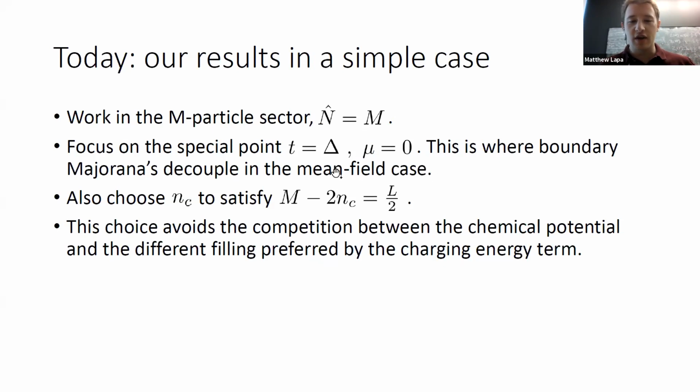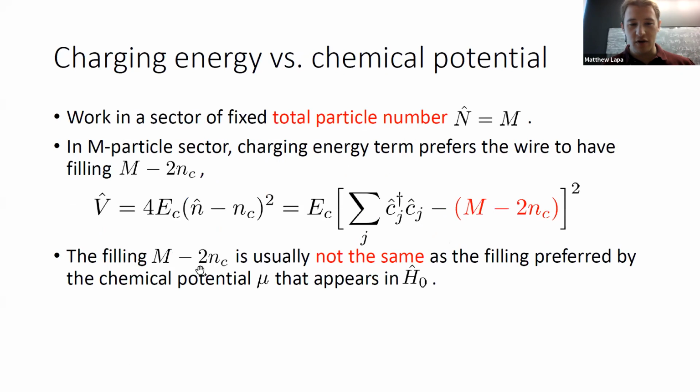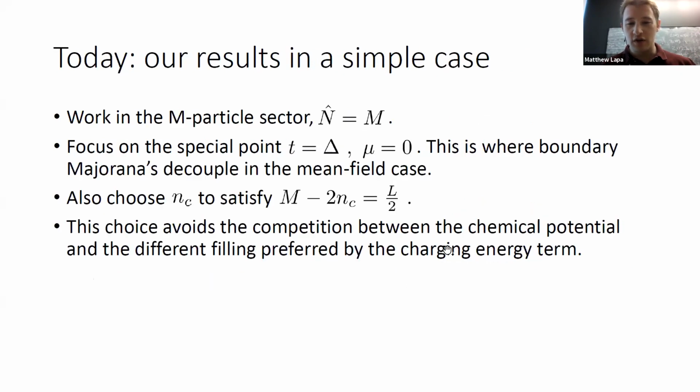In the mean field case, this was where the Majorana fermions at the boundary completely decouple from the bulk. And then we'll also tune this parameter nc, which remember appeared in the charging energy as some constant. We'll tune it to this particular value so that m minus 2nc equals L over 2. And what this is doing is avoiding that competition I mentioned on the previous slide.